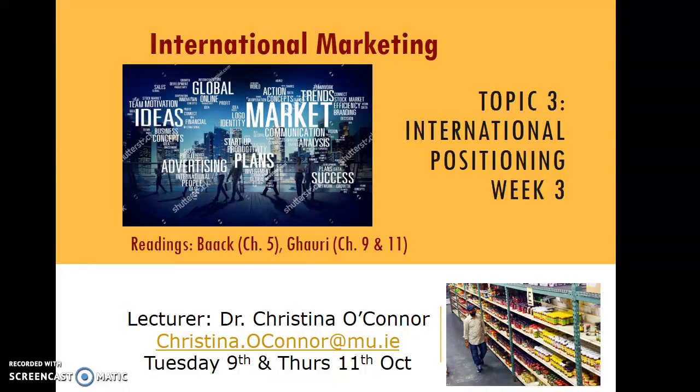We also looked at the international positioning steps, and the very first step was to identify the target market. The second was to analyse competition within the target market, and the third point was to identify points of difference. After those three steps, it led to the development or enhancement of the position, or the repositioning, of the particular product.